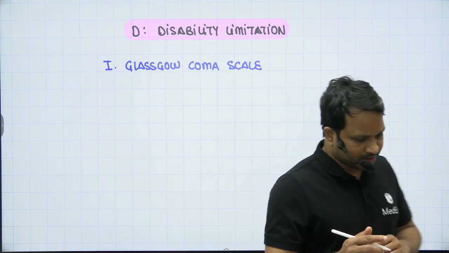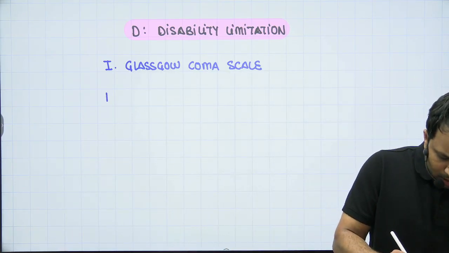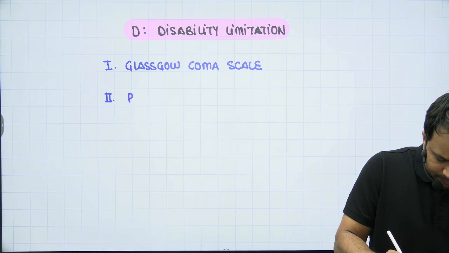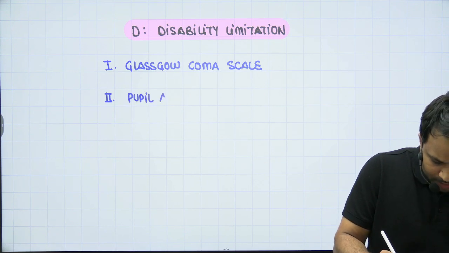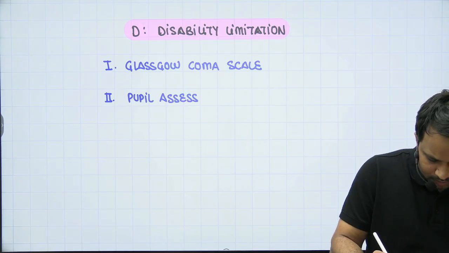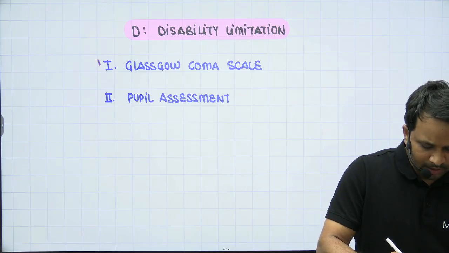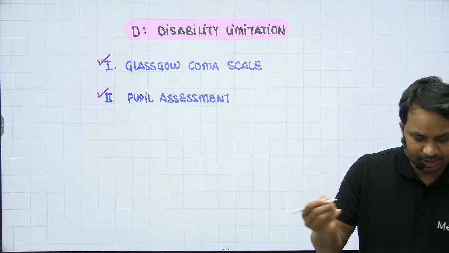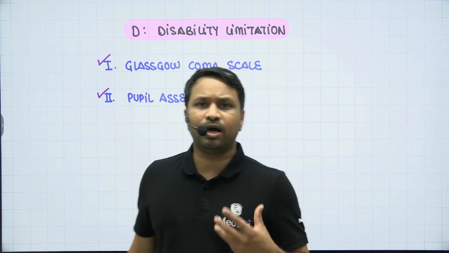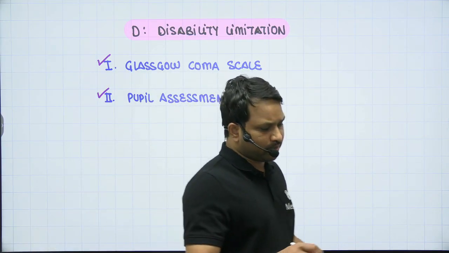That is the first thing. And second, we will do a pupil assessment. Now we have both in one single context, right? So today we'll be talking about how you calculate GCS scores, what the pupillary assessment is, and how we are going to build across it in terms of trauma assessment.